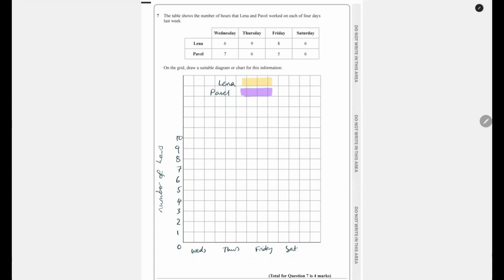And so now all we need to do is draw our bar charts. So on Wednesday, we know that Lena worked up to 6 hours. And Pavel worked 7. On Thursday, Lena worked 9.